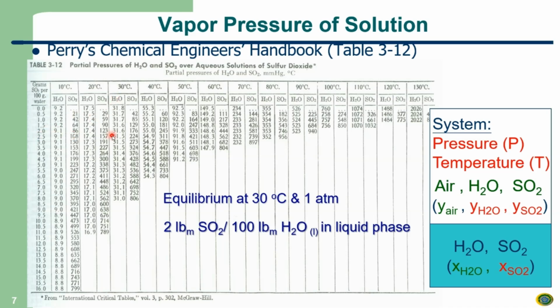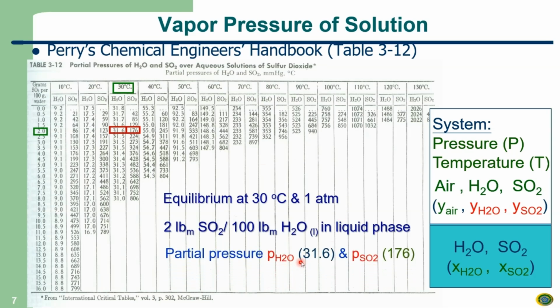So what you know is the vapor pressure of the water, which is 31.6, and the partial pressure of SO2, which is 176.